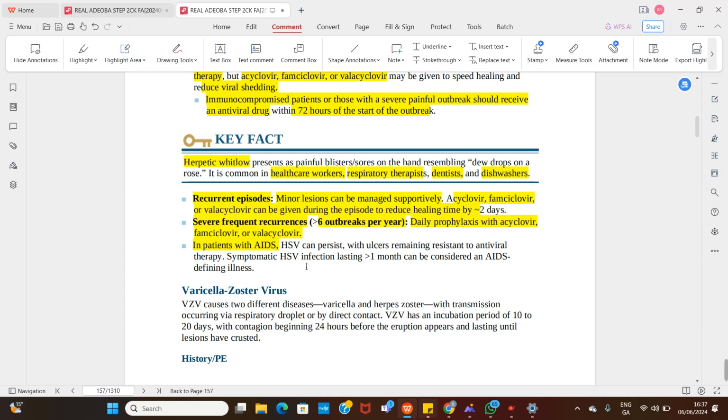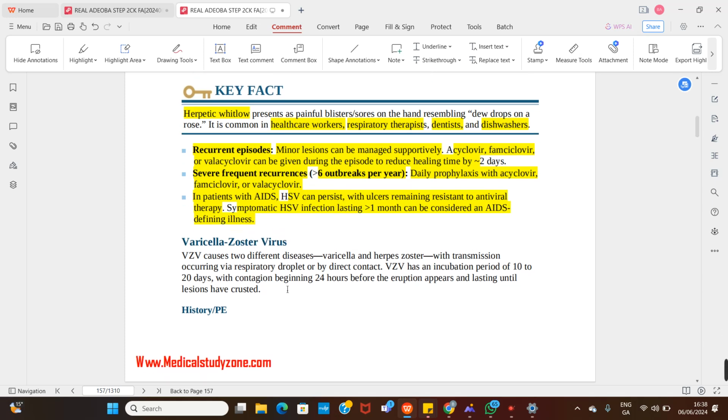So in that kind of person, you need to get the viral load, get your CD4 count, place the person on HAART, then look towards controlling the infection. Because if you keep giving that person acyclovir or valacyclovir, it will not work. So persistent ulcers will be resistant to antiviral therapy, right? So you need to assess the person for a background HIV infection and treat it accordingly.